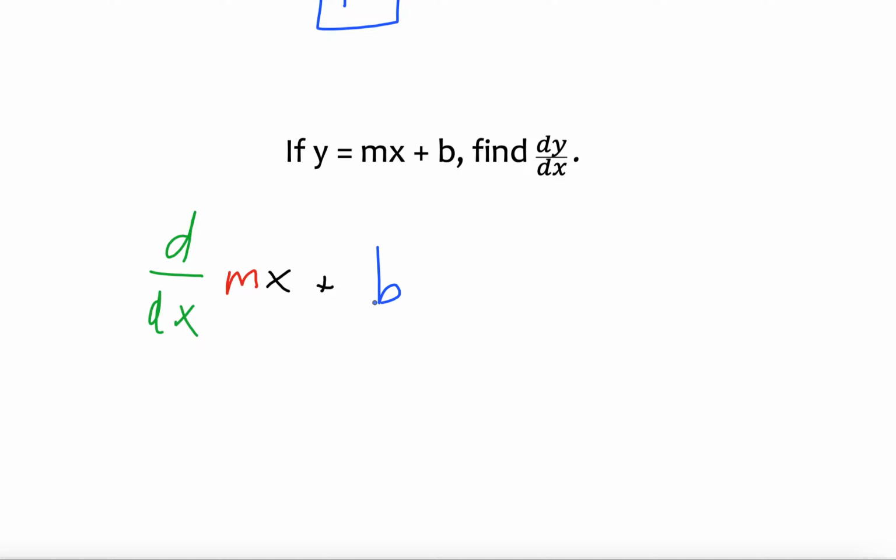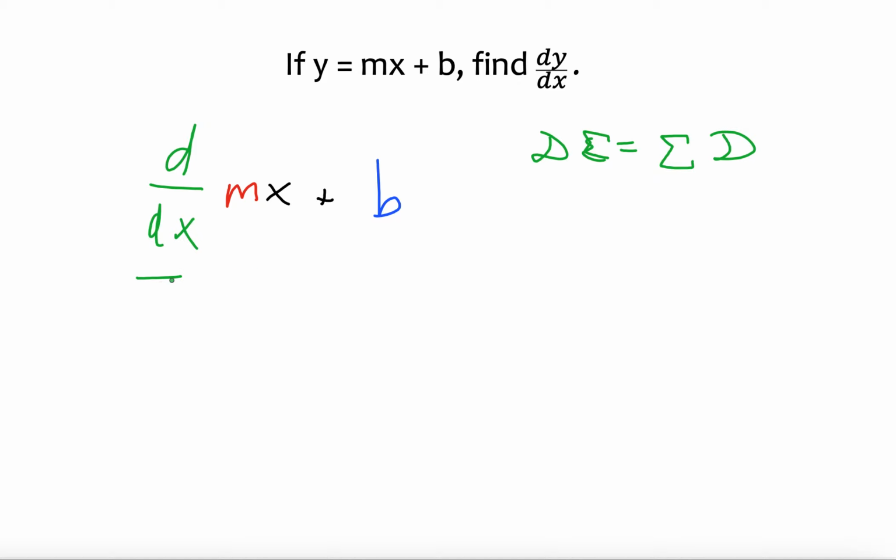Now, what do we do? Well, we proved the linearity of derivatives, so the derivative of the sum is equal to the sum of the derivatives. So we can split this into d dx of mx, plus d dx of b.